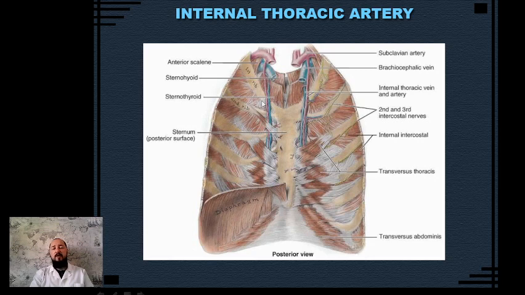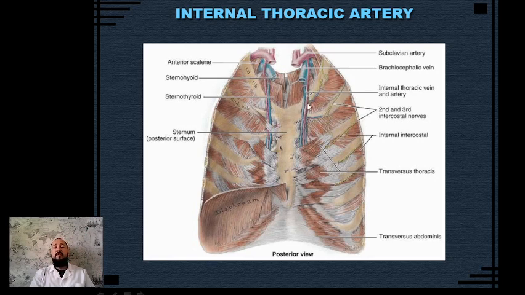As you can see, it is located at the margin of the sternum, on the internal part of the chest, and in the lower parts it is also covered with the transversus thoracis muscle. Here it is, on one side and on the other side.